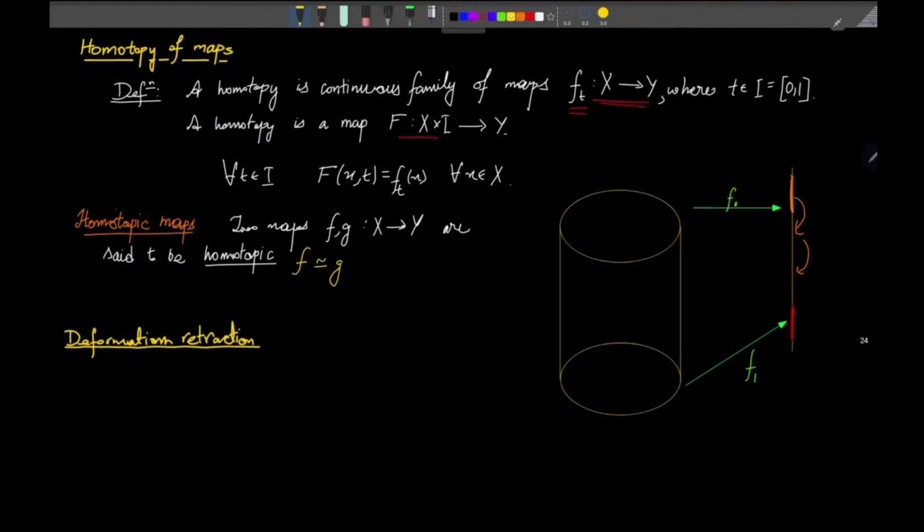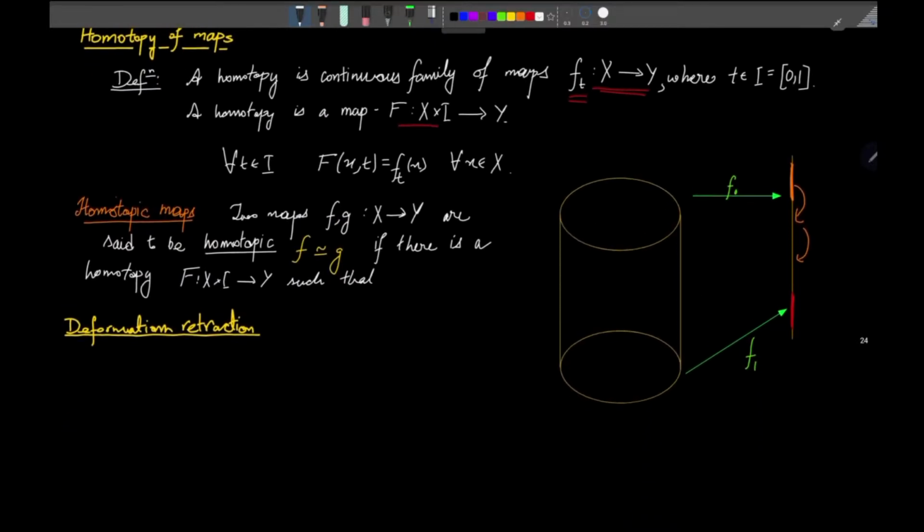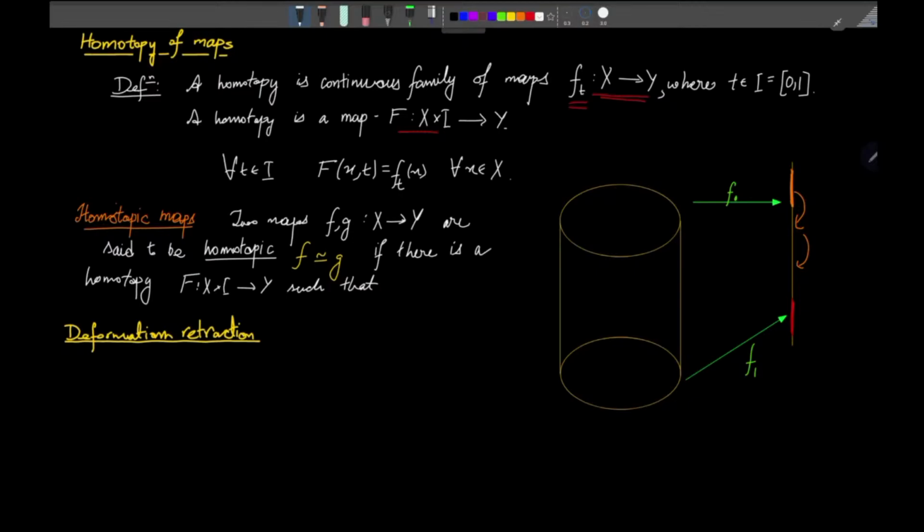What happens? If there is a homotopy F from X cross I to Y such that F, we ignore the first coordinate and just look at the second coordinate, which is T, and it is supposed to be 0.